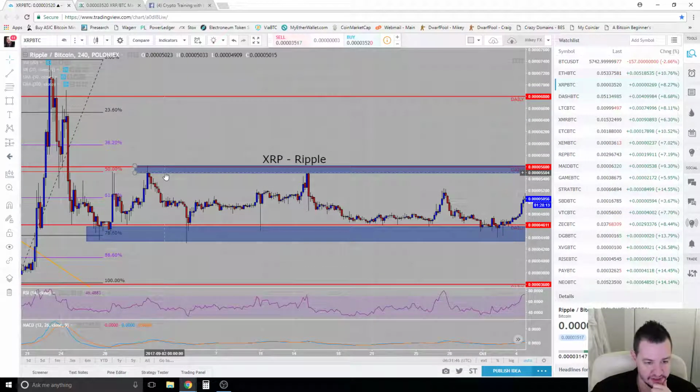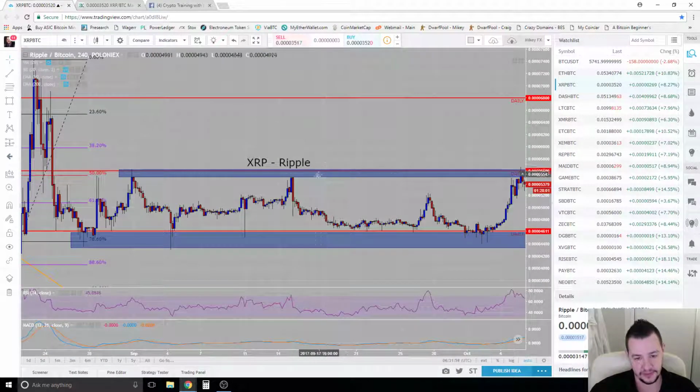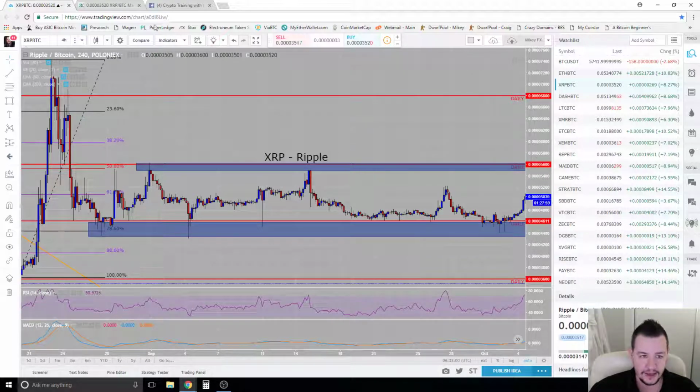So what this supply and demand zone allows you to do is give you more of a buffer to set your sells and buys at. So you can take this approach. The market depth alone, again, guys, you need to combine this with everything else as well. Don't put all of your emphasis on just one thing that you learned during the course.